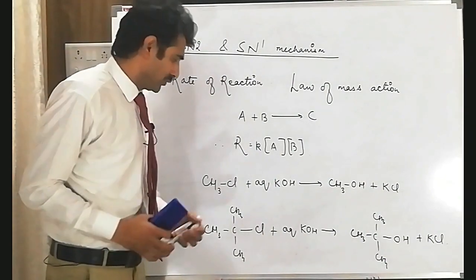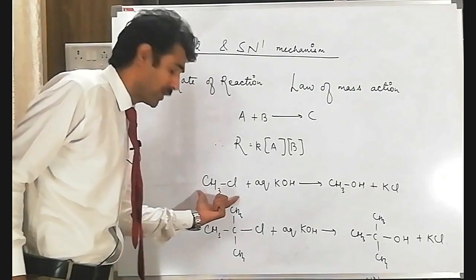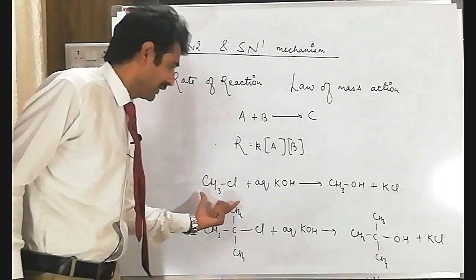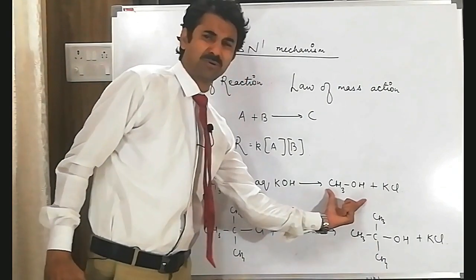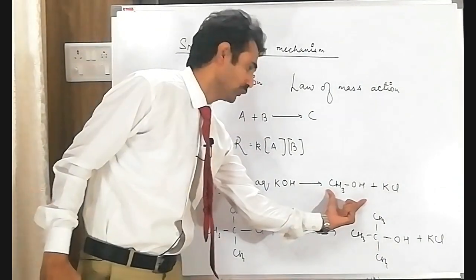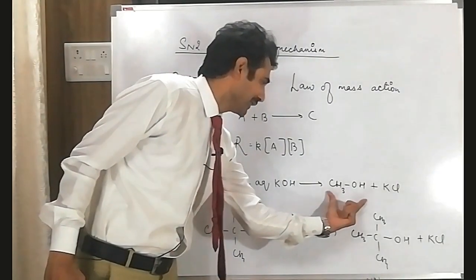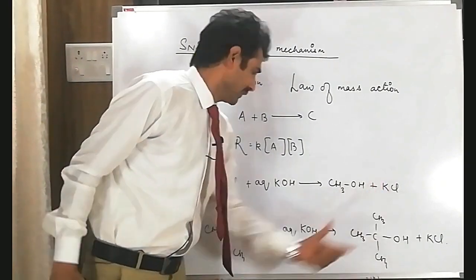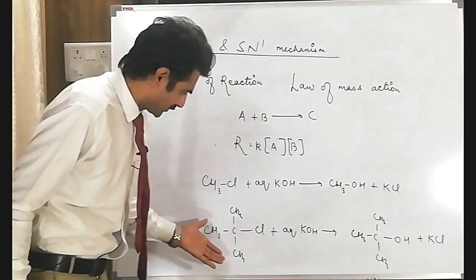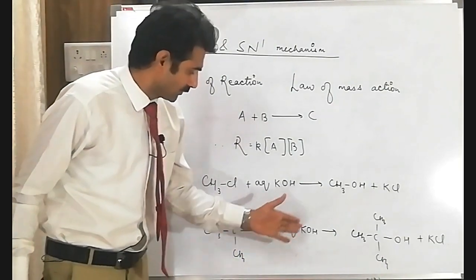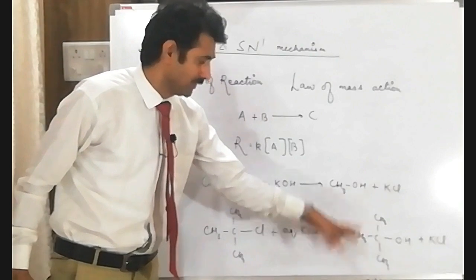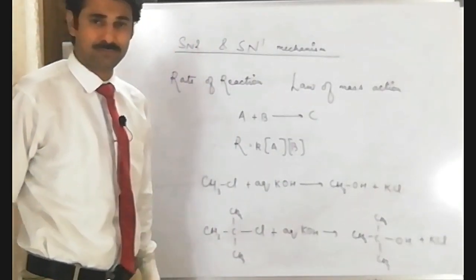Now let us take two examples. We have methyl chloride. Here we have aqueous KOH and it gives us a simple nucleophilic substitution reaction, no need to wonder. We get alcohol and we get KCl. The same reaction is here, but in this case we have tertiary alkyl halide which is reacting with aqueous KOH and it is producing tertiary alcohol.